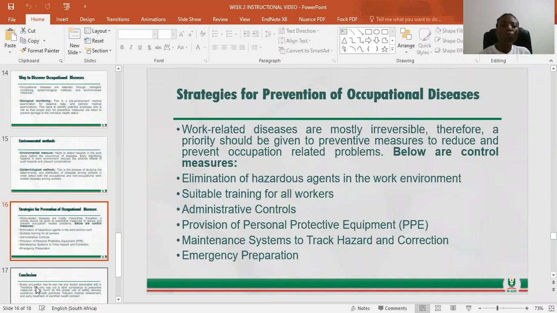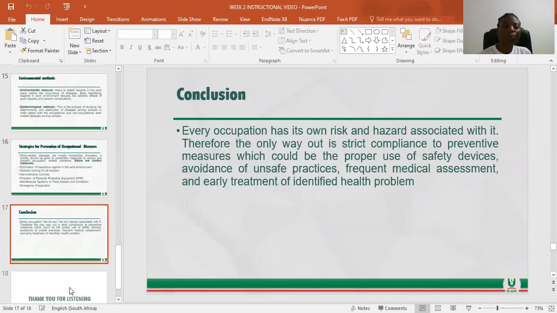You also want to provide administrative control, provision of personal protective equipment, a maintenance system to track hazards and correct them once they are seen. And lastly, emergency preparation once there is an emergency.